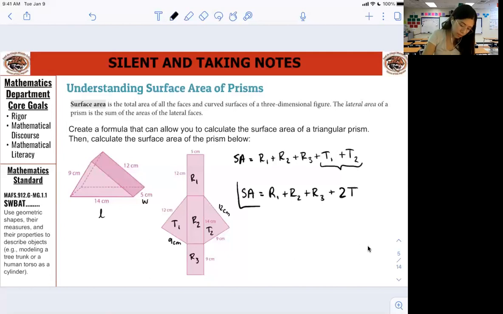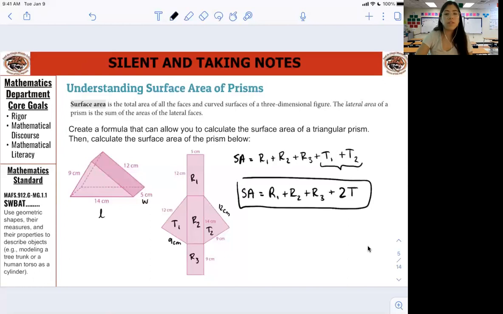That's the only thing for triangular prisms that we can really do. But in the next example, I'll show you one where they actually give you the height. If you know the height, it becomes a lot easier.